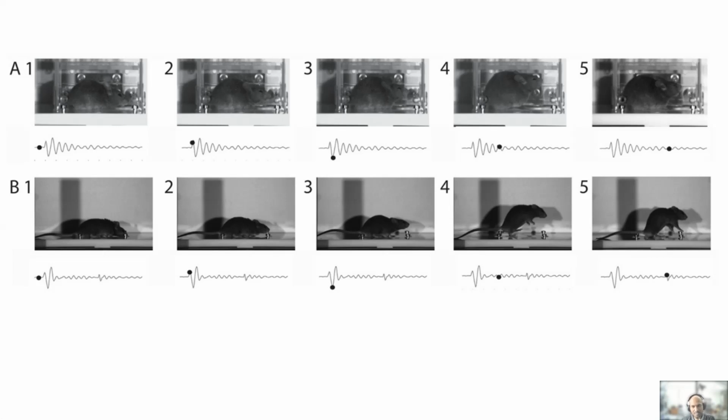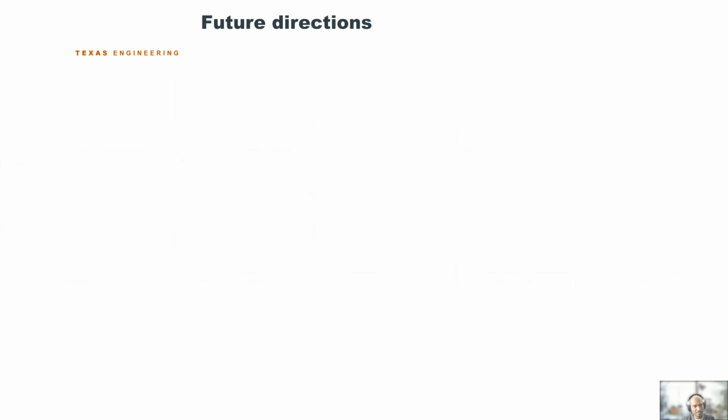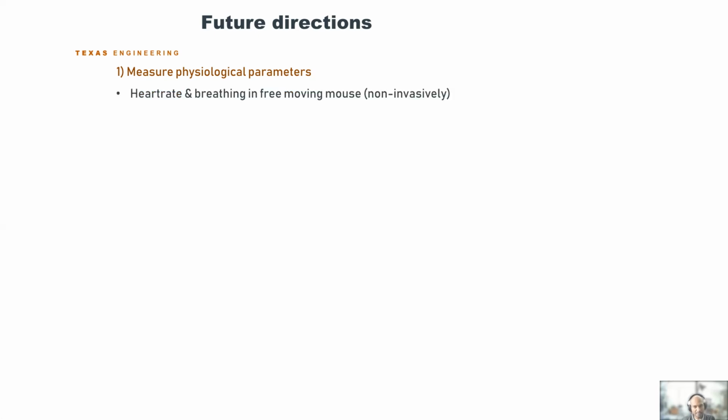So these things now showcase the effectiveness of this technology, what can be done with it. In the future, we know this technology is reliable, so we'll be able to do a lot with it, and we plan two things. First is to measure physiological parameters such as heart rate and respiration in freely moving mice, non-invasively, in this open field that we have built.